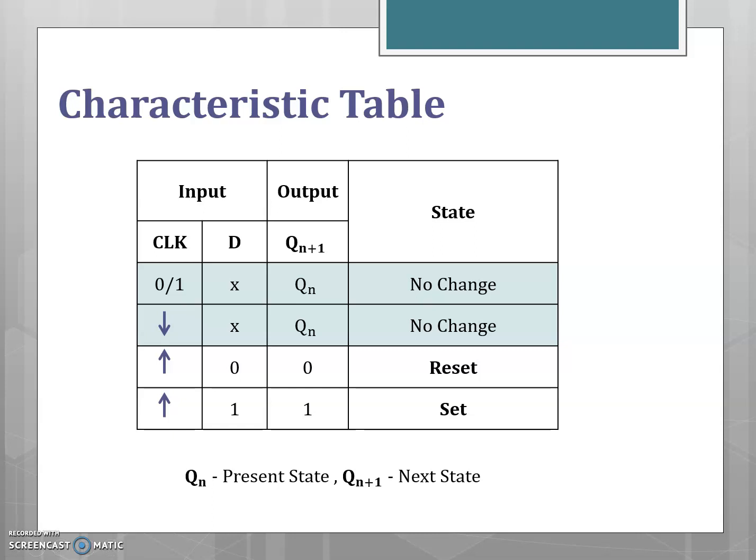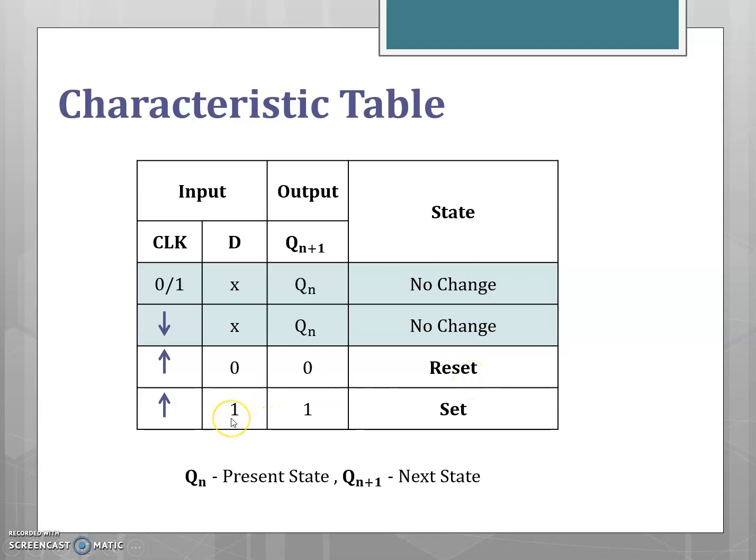Coming to the characteristic table, for logic 0 or logic 1 and for the falling edge of the clock, irrespective of the input, there is no change in the output. For the rising edge of the clock, when D equals 0, it means S equal to 0 and R equal to 1, so the output Qn plus 1 is equal to 0, representing the reset condition.